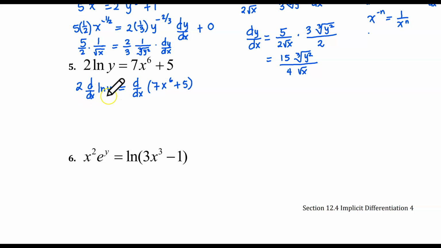Now, for the derivative of ln y, we will use chain rule since y here does not agree with the variable here. So we use chain rule.